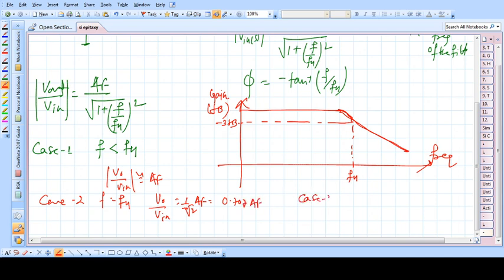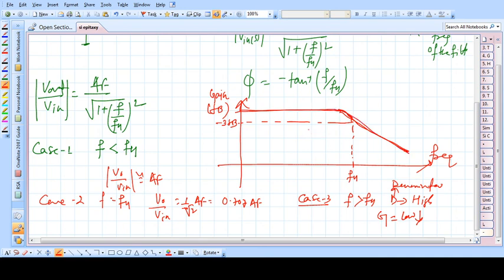Case 3, already discussed: when F is greater than FH, the denominator term will be high, so the gain will be low, or it will decrease.